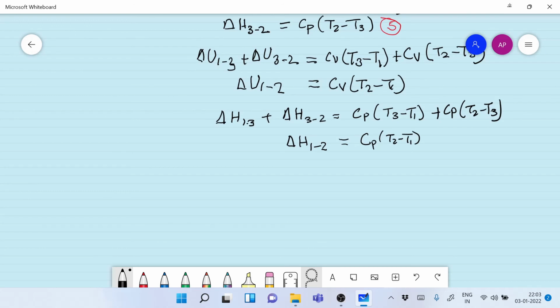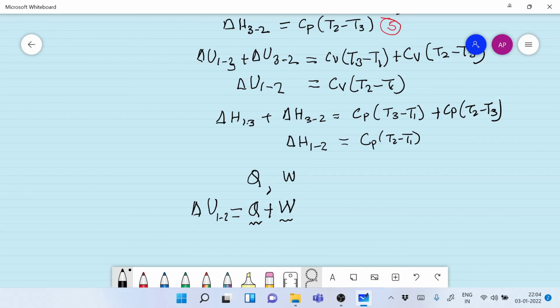So, for an arbitrary process, we cannot calculate Q or W. We can definitely say that for this entire process, Q plus W will be equal to delta U. We cannot independently find Q and W because it is not a regular process, that is, a constant volume, constant pressure, adiabatic or isothermal process.